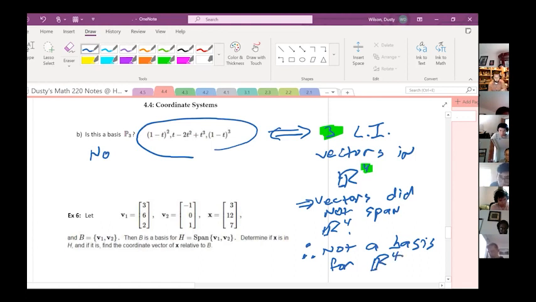And we've learned that P3 is isomorphic with R4. The spaces are interchangeable. So since they're interchangeable, what does that tell us about this being a basis for P3?